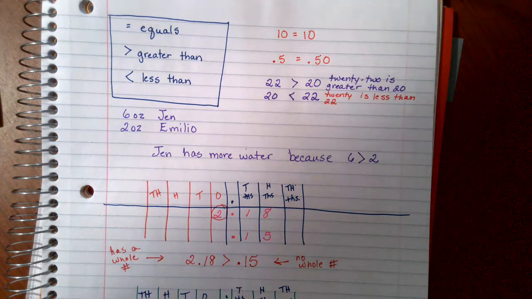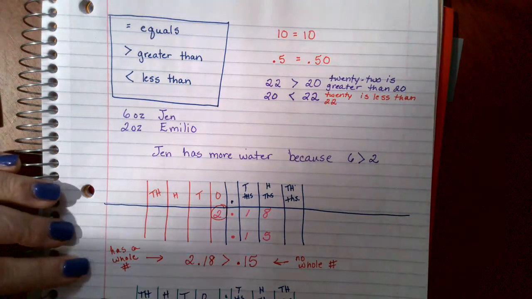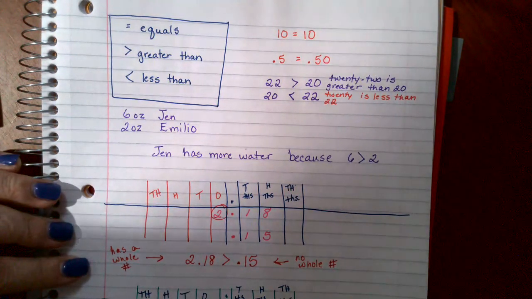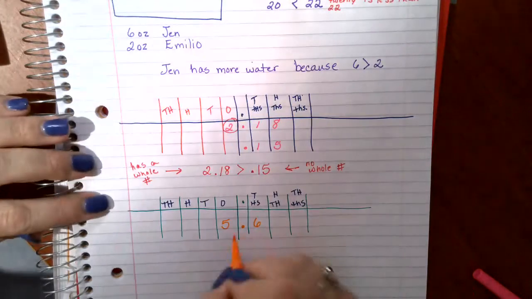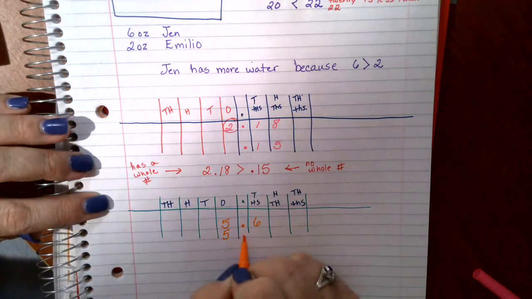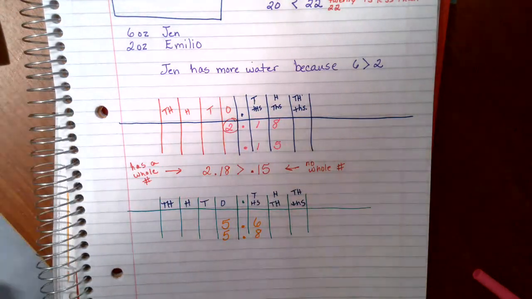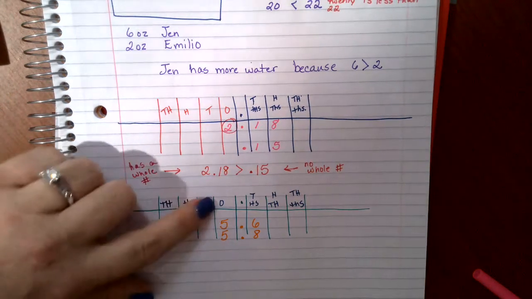So what if we have a number like 5.6, 5 and 6 tenths, and let me scroll down here, 5 and 8 tenths, 5 and 6 tenths, and 5 and 8 tenths.